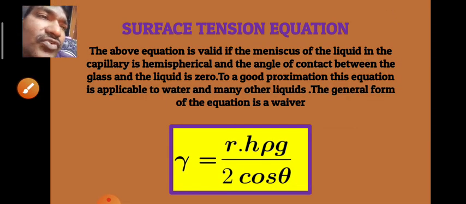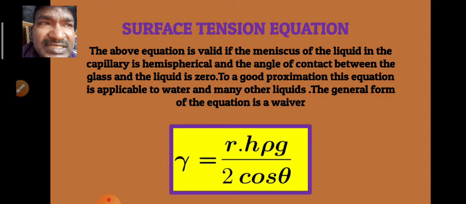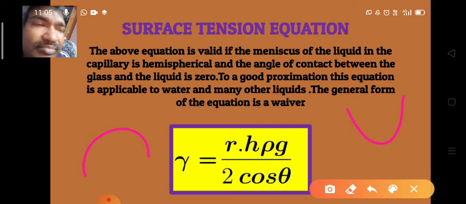Here, equation 4 is valid if the meniscus of the liquid in the capillary tube is hemispherical. That means we should get a shape like this or like this. In that case only, equation 4 is applicable, and the angle of contact between the glass and the liquid is 0. If the angle of contact is 0, then only that equation is applicable.